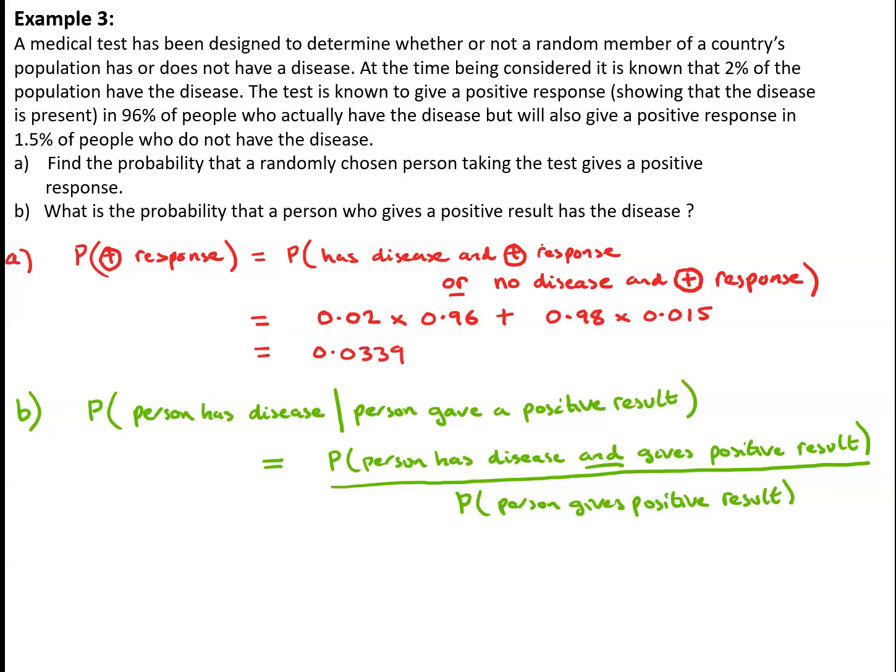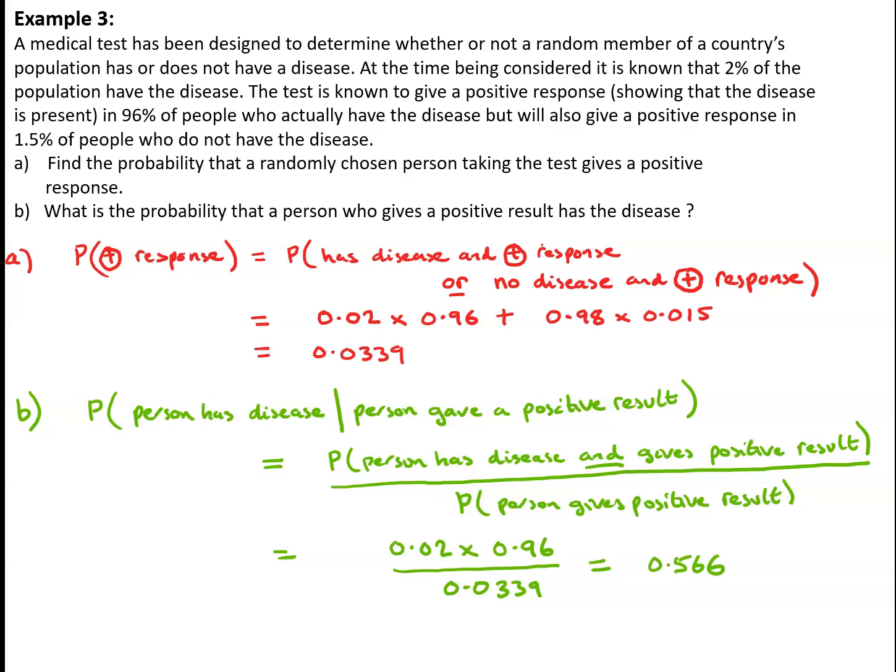From the working we've already done, the probability that a person has the disease and gives a positive result is 0.02 times 0.96. The probability that somebody gives a positive result is 0.0339. So the calculation is 0.02 times 0.96 divided by 0.0339, which gives me 0.566.